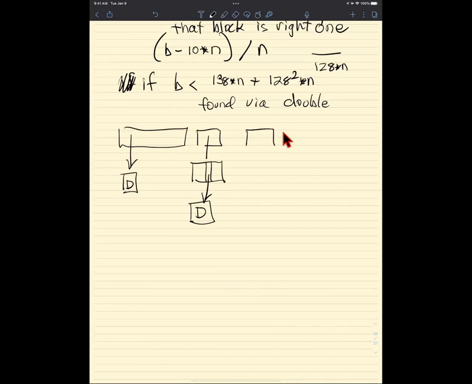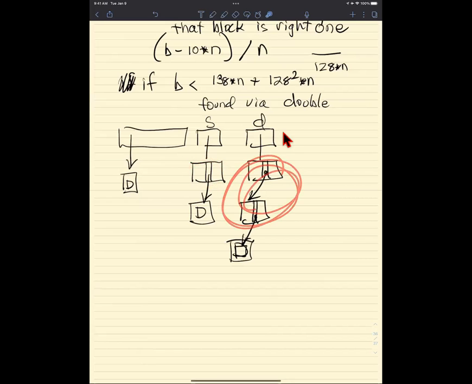Double indirect contains a pointer to a block, which contains pointers to more blocks, which contain pointers to data. So now you can see it's called single indirect because you've got one layer in between. It's called double indirect because your tree now has 2 layers, and triple indirect now has 3 layers before you get to the leaves. Okay.